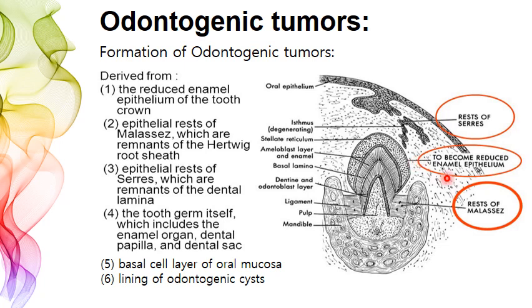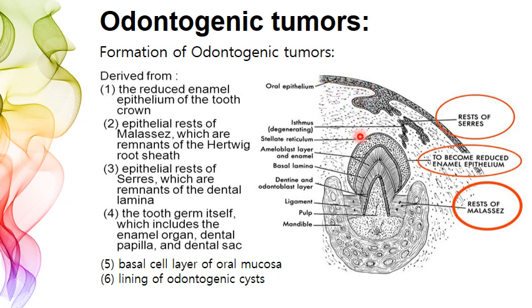They may be derived from the epithelial rests of Malassez, or the rests of Serres, which are remnants of dental lamina. They may arise from the tooth germ itself, including the enamel organ, the dental papillae, and dental sac. They also may arise from the basal layer of the oral mucosa.